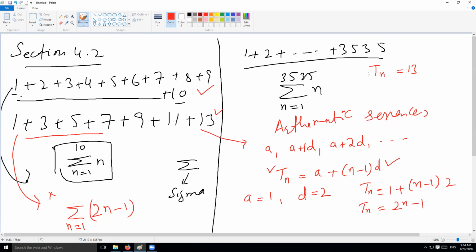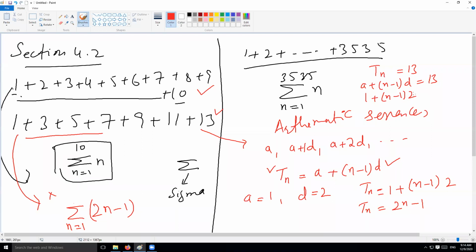Okay, now just substitute. I want to find the n for which the nth term is 13. So just substitute the value into a plus n minus 1 times d equal to 13. I know that a is 1, plus n minus 1, n is unknown to me, and d is 2.